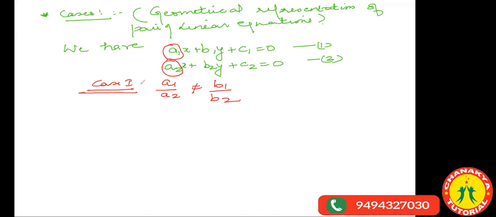Now if this type of condition comes in any question, then there will be three possibilities. First, the solution will be unique, meaning only one solution. Second, if a solution exists, the system will be consistent.